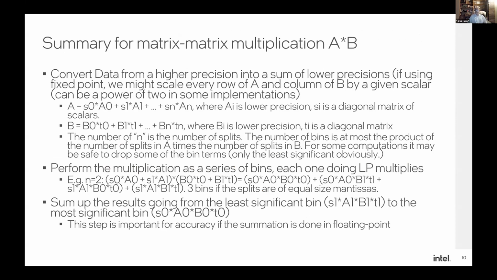All right, so the summary for matrix multiplication, again, I have to talk really fast. I have a lot of data here, is you have this sum of these lower precision matrices that you're adding together. You can assume that there's a scalar in front of each one. That scalar can be either a diagonal matrix, or if you assume that everything has the same exponent in the whole matrix, it can be a constant, or you can even assume it can be a constant diagonal to accomplish the same thing.